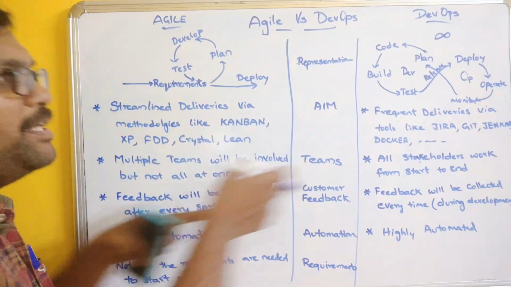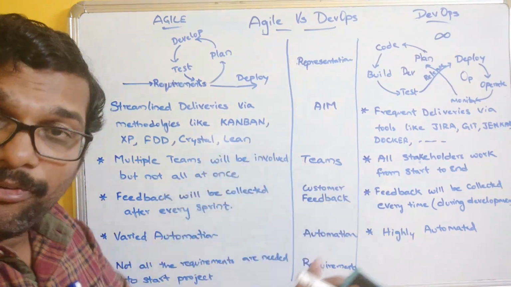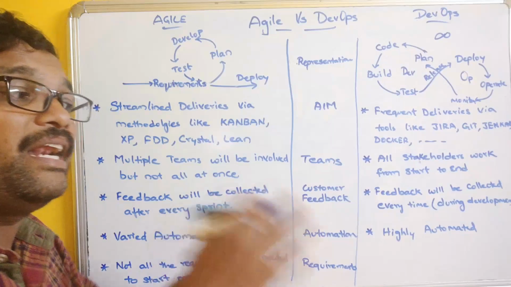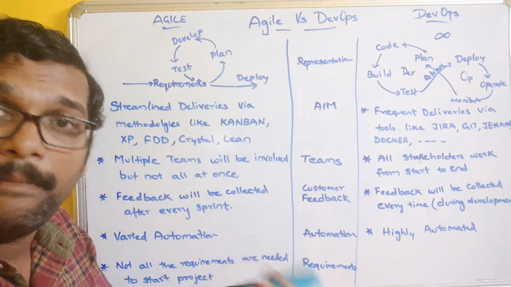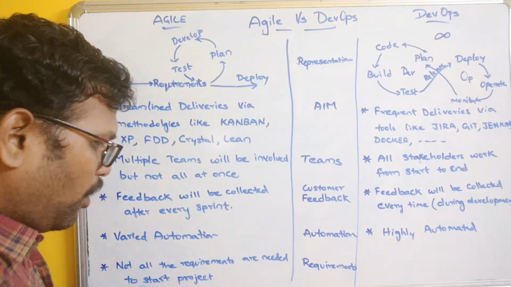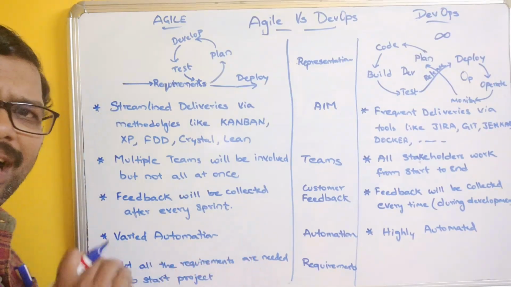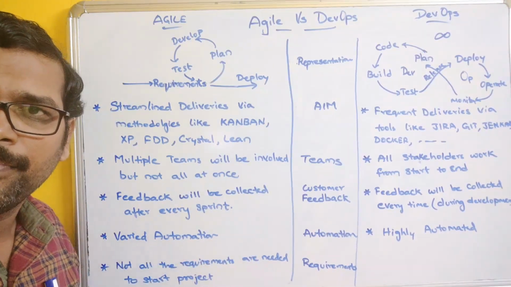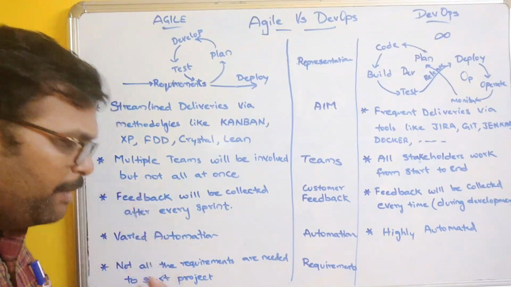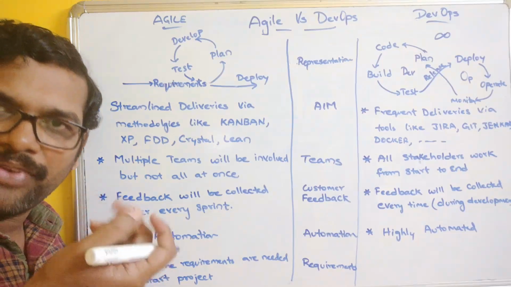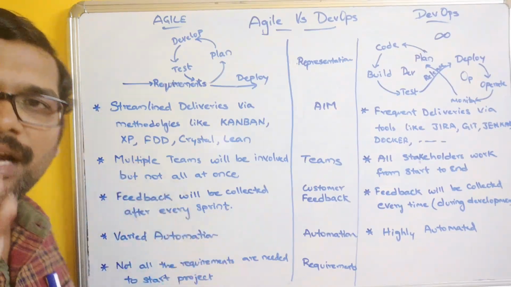The same thing happens in DevOps also. In DevOps, the product will be released in multiple iterations, multiple releases. So it is not required to collect all the requirements at the beginning. With a minimal amount of requirements, the project can be started.